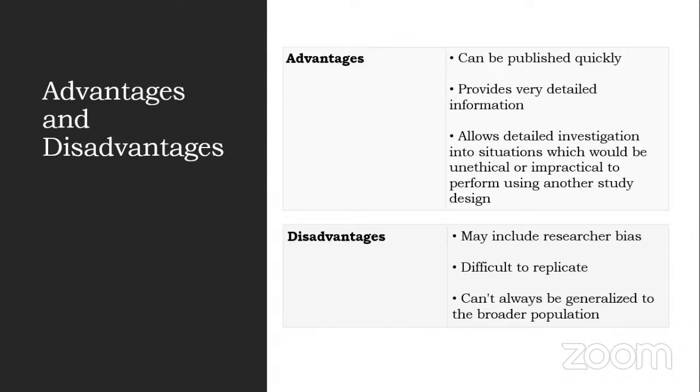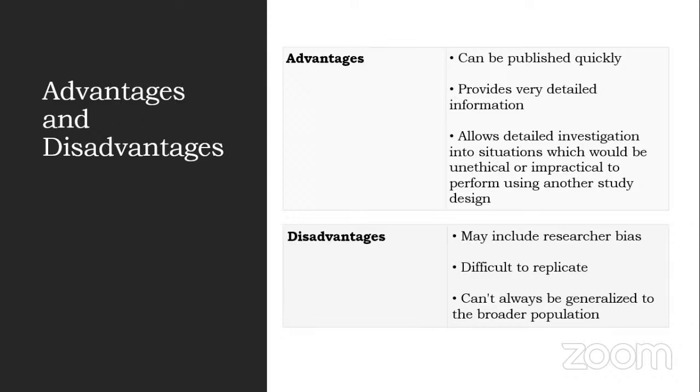But yes, in the practical situation, it is not always possible, and that's why researcher bias can affect case study method. Not only case study method, in other qualitative data collection methods also, researcher bias can become a very significant problem.